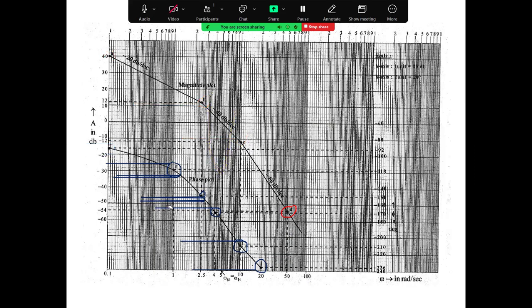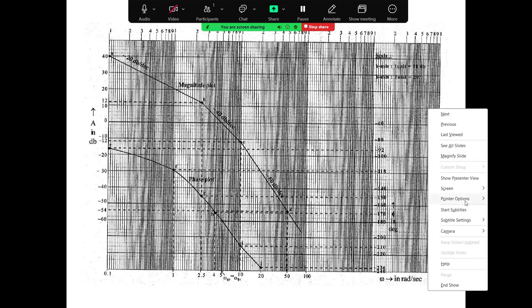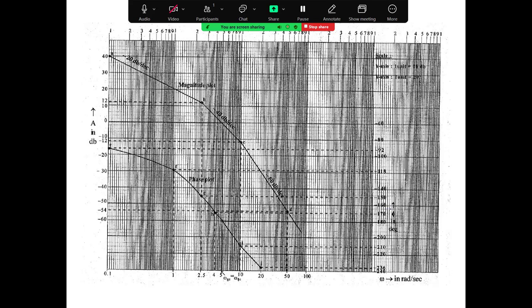Last, we need to calculate the most important thing here, gain margin and phase margin. First, we will see the gain crossover frequency and phase crossover frequency. What is the meaning of the gain crossover frequency? Gain crossover frequency indicates the frequency at which the magnitude value is 0 decibels.